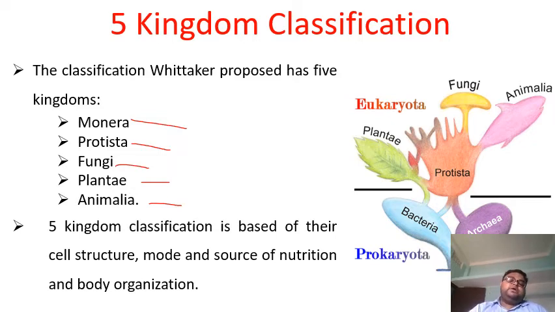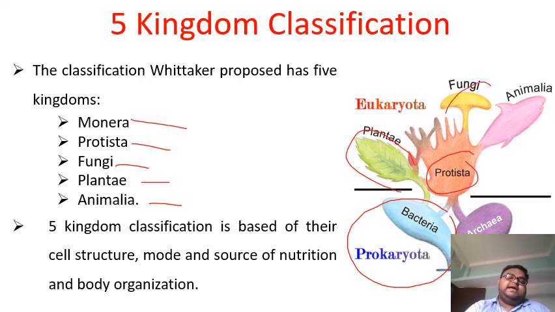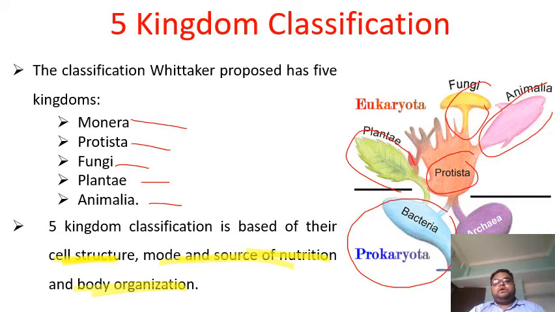You will see here this bacteria belongs to the prokaryotes, right? After that, when you go into Protista, then you will see Plantae, Fungi, and Animalia. So what is the basis of the five kingdom classification, students? The basis is cell structure, mode and source of nutrition, and body organization. Understood this point?